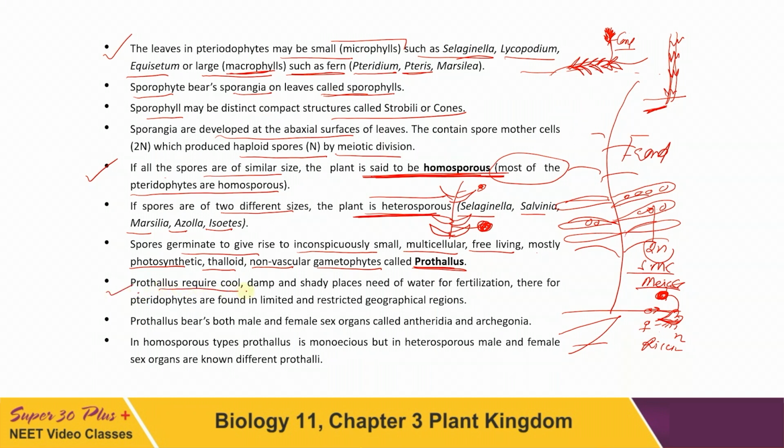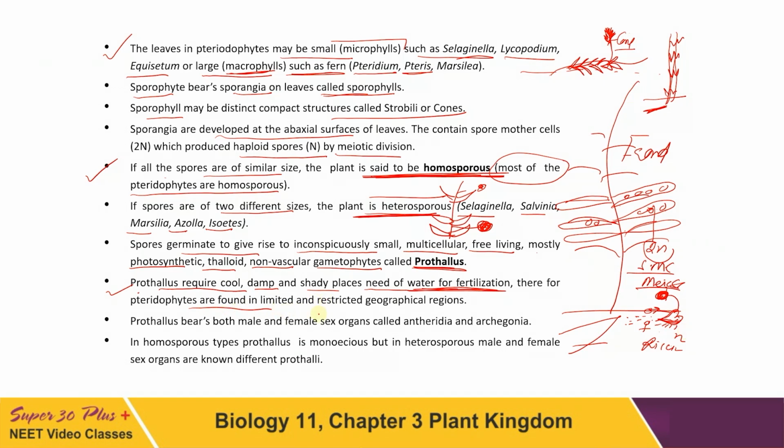The prothallus requires cool, damp, shady places, because it's very small in size, hardly 1 millimeter. They need water for fertilization. The male gamete will be formed here. These male gametes are motile and they need water.